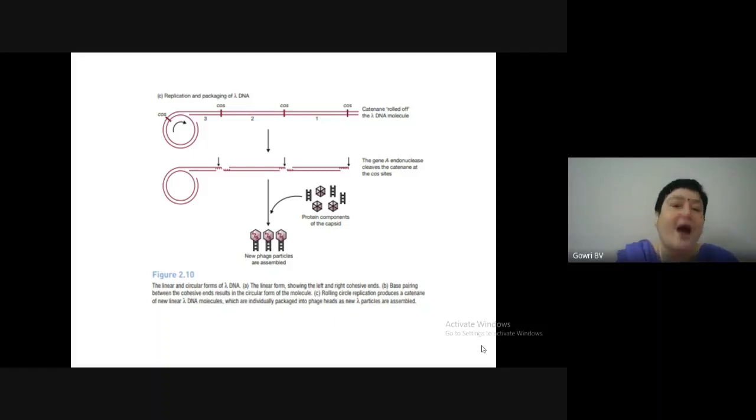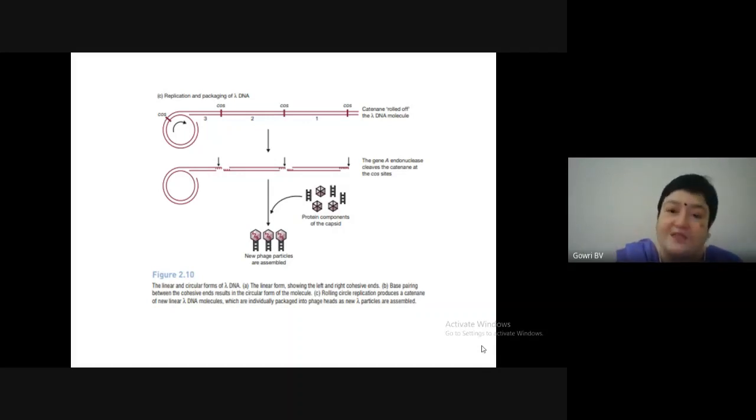Now what do I mean? In vitro packaging recognizes the cos site and the cluster of genes on either side of the lambda DNA. The central portion is in no way accountable; it does not recognize it.